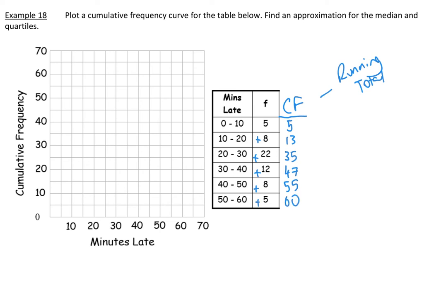We plot those against the upper bound, so against 10, 20, 30, 40, 50 and 60. The graph will also go through 0, 0.